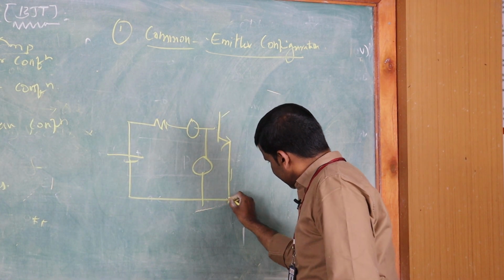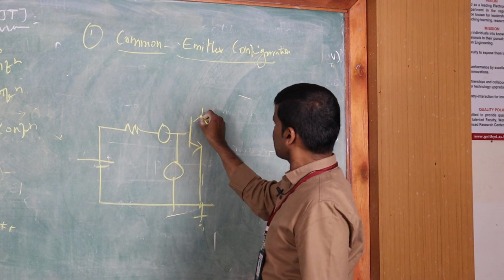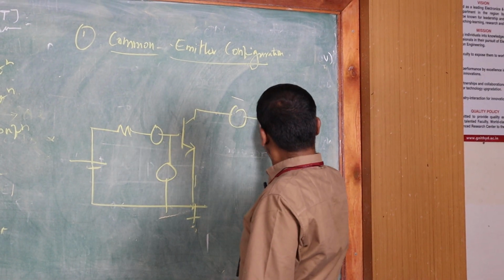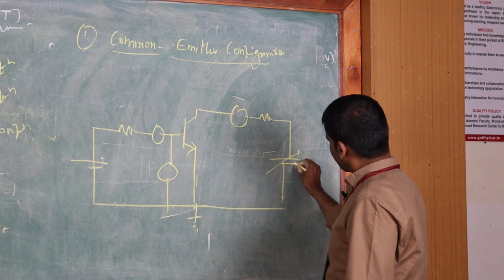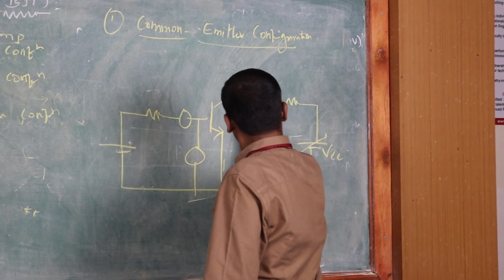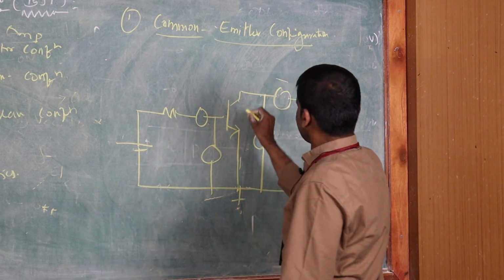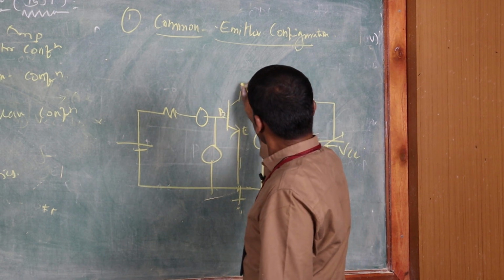This is the output junction, VCC. So this is the emitter, base, collector.